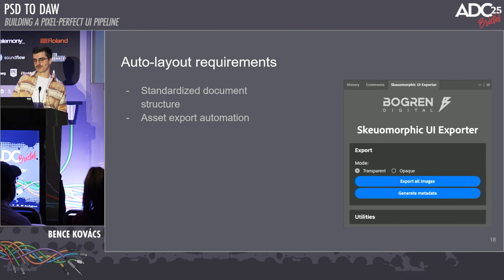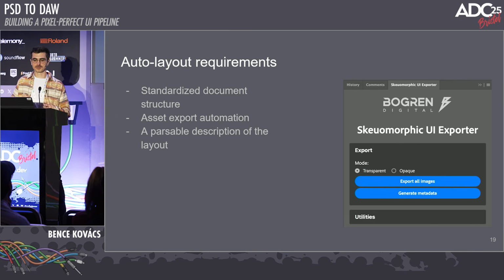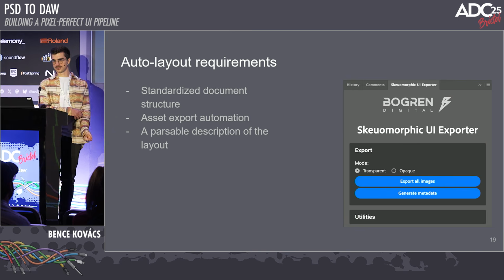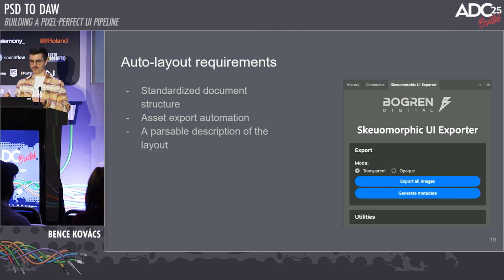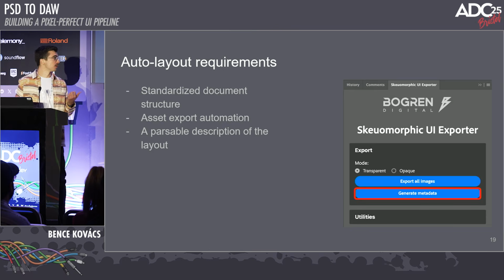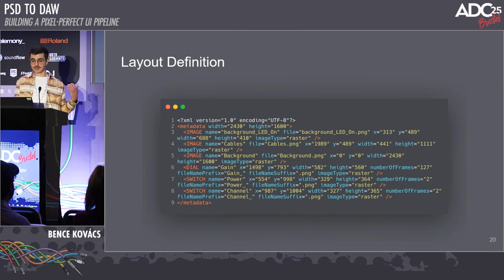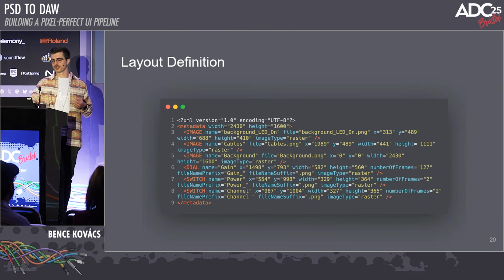And then once you have all that, before you can actually instantiate your components at runtime, you will also need to develop an understanding of the UI layout. In C++, you need some kind of a parsable description that you derive from the Photoshop file. So we have this other function there for generating that type of metadata from the Photoshop document.